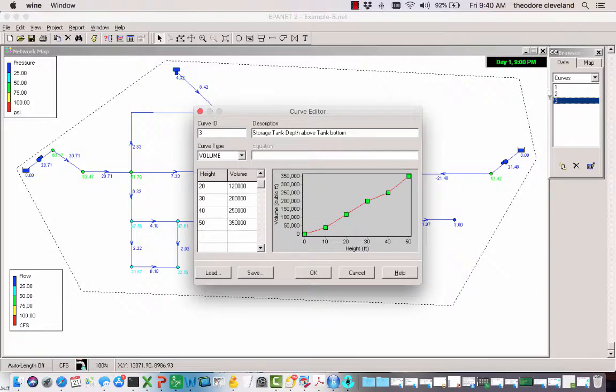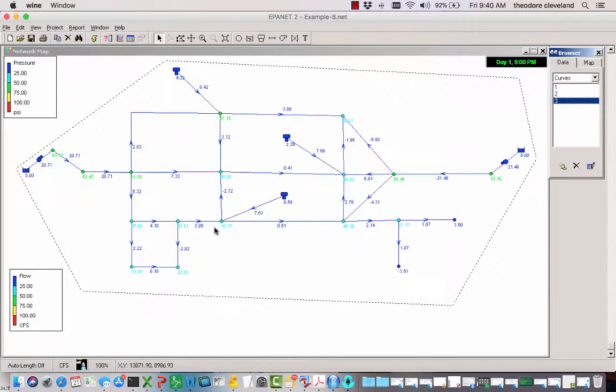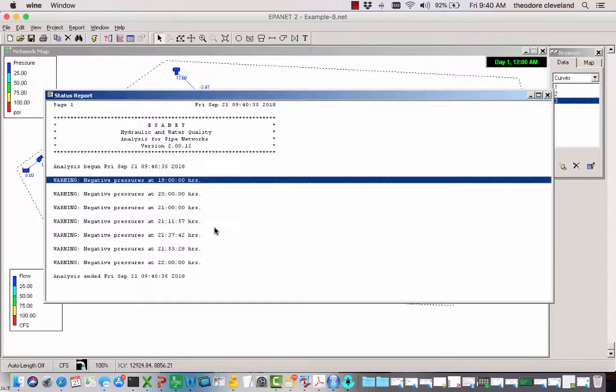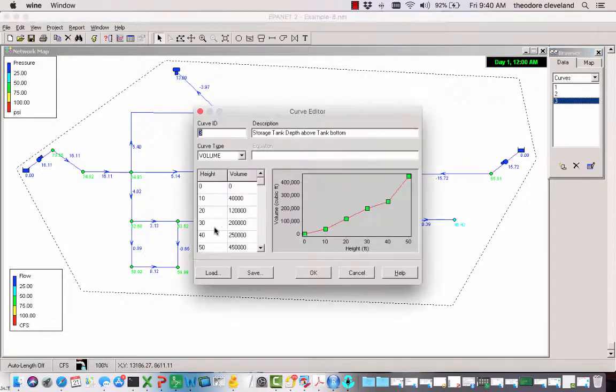and let's just have our tank somehow magically contain 450,000 units. We're still having problems, so the tanks actually have to be taller.